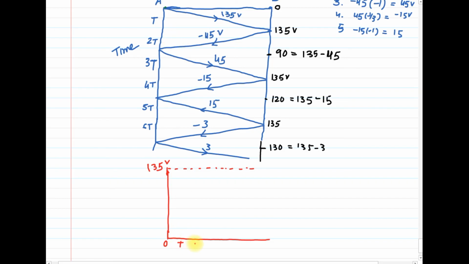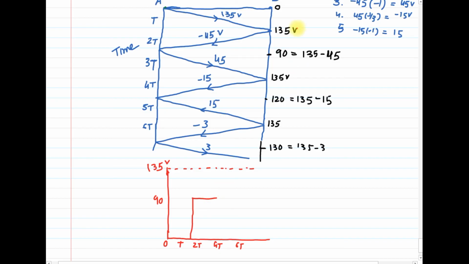Let us say t, 2t, then 4t, then around 60. So at this point it will be 90 volt.